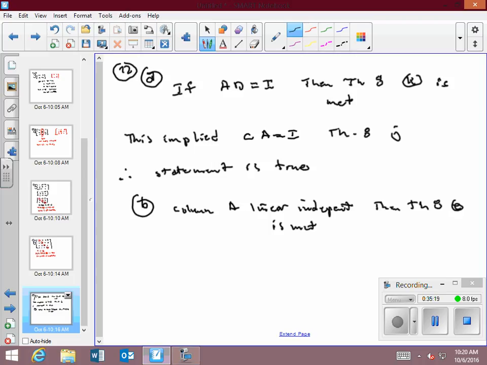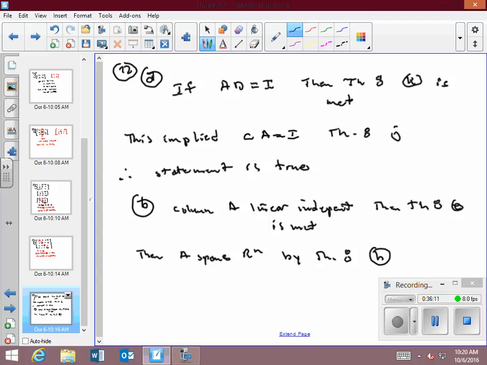Okay. So you're saying H, right? So we'd say the columns of A are linearly independent, theorem 8E was met, and then A spans R^n by theorem 8H, right? You understand?